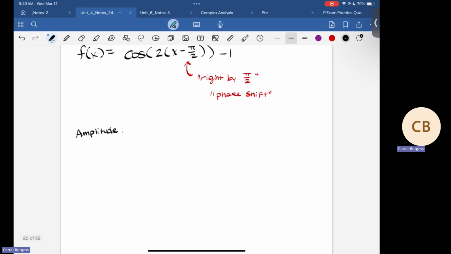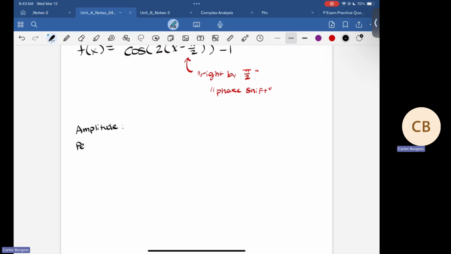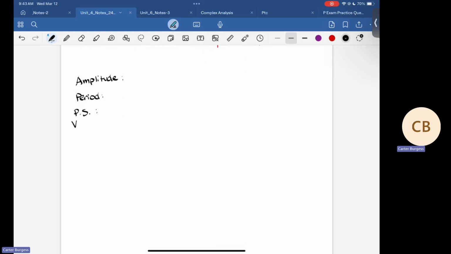Okay. So let's go ahead and fill in our information here. Got amplitude, period, phase shift, blah, cringe, vertical shift, and midline.